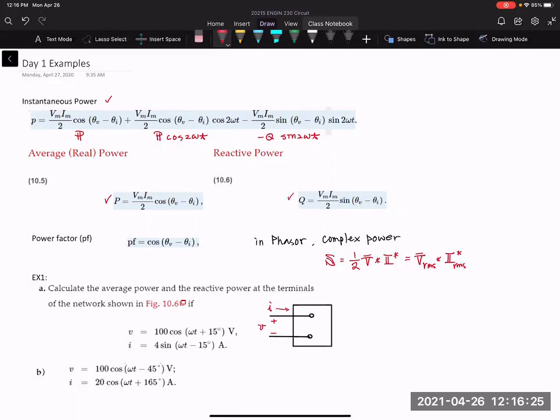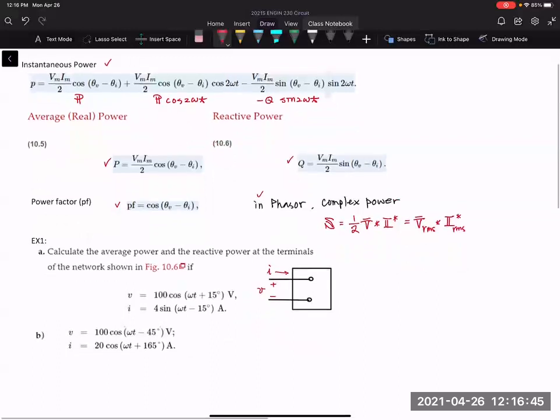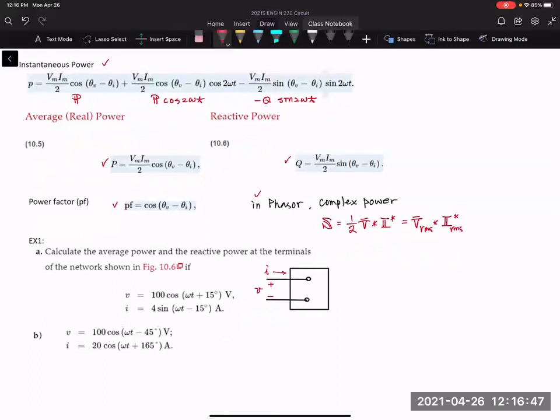Q is reactive power. Power factor is the cosine of theta V minus theta I. You can find the power in phasor form as well. This one we will talk about next time, but just remember this is the way you find the complex power. I'm going to use these to solve this problem here.